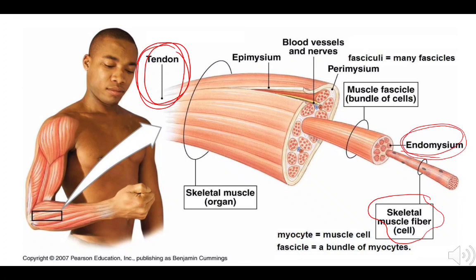Kapag meron na tayong multiple muscle fibers, ang tawag ngayon dyan is fascicle, the muscle fascicle or the bundles of cells. Other name ng ating skeletal muscle fiber, we can call them myocyte. And another name for a bundle of myocytes is simply fascicle.